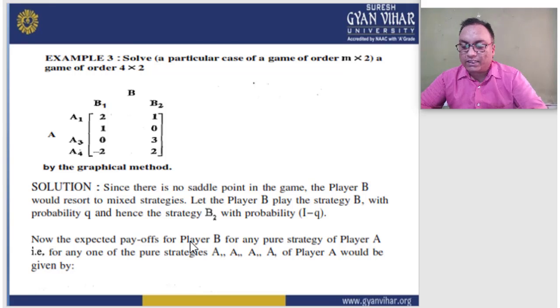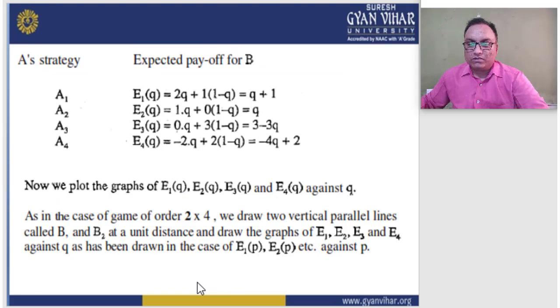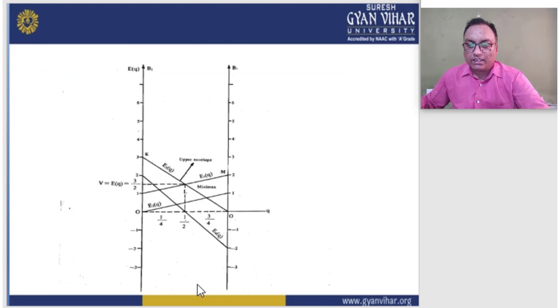Now the expected payoff for player B, for any pure strategy of player A, that is for any one of the pure strategies A1, A2, A3 and A4 of player A, would be given by these different strategies. This is drawn by the graphical method.